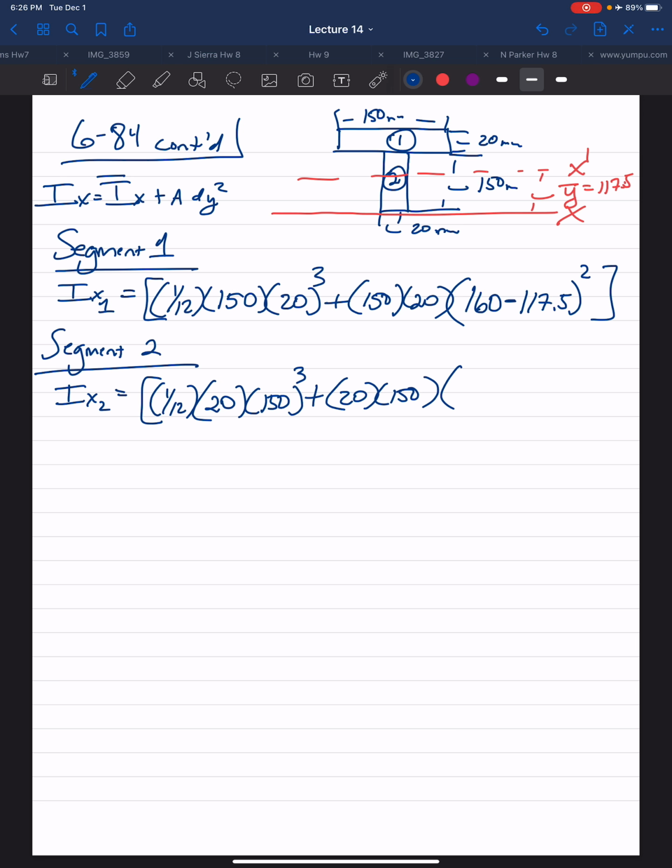So the center of a height of 150 would be 75. So the dy term would be the 117.5 minus the centroid of the individual segment, 75, squared. Once again, this is our dy term.